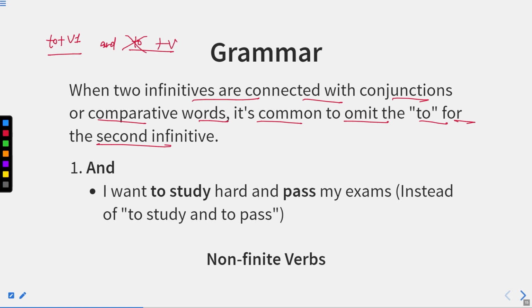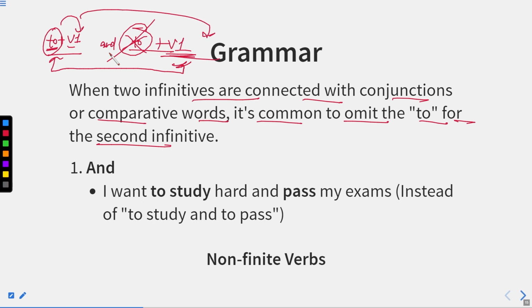In fact, we can only write verb 1, because this to is used for both. Now, this is not a bare infinitive. It is the infinitive, but its to is the same. So this to is common for both these verb first forms. It is one structure only, and in between we have a connector.